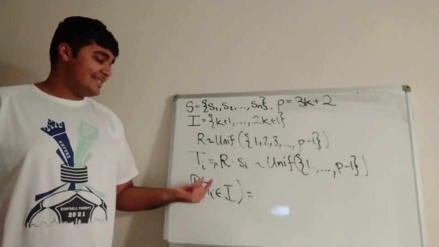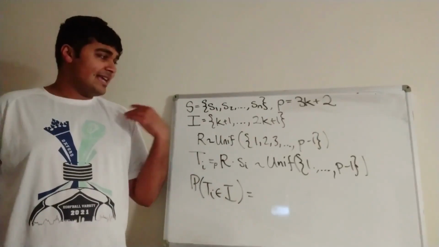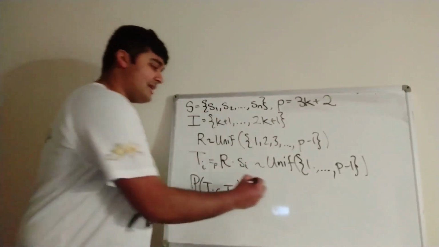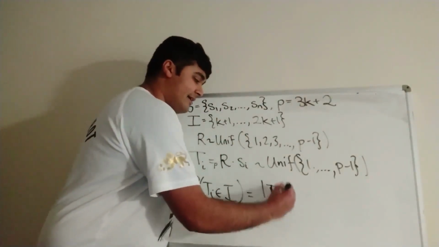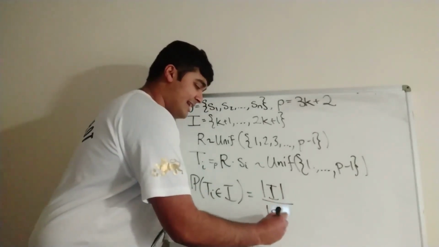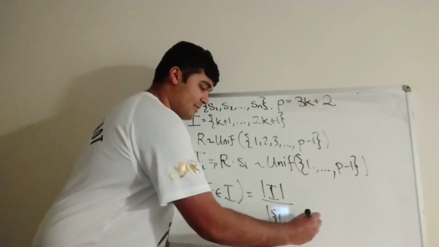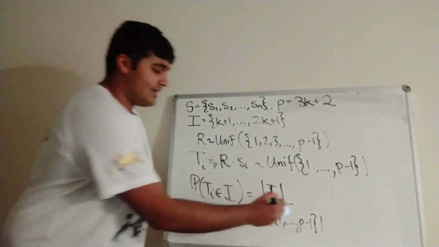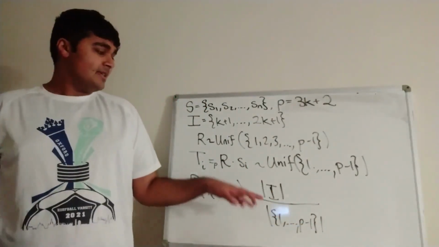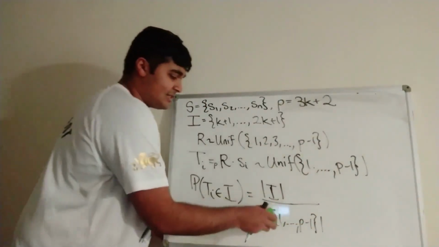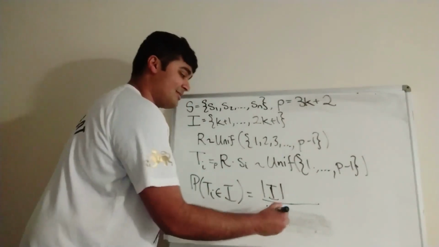So the probability that t_i lies in I, because everything is uniform, is simply the cardinality of I divided by the cardinality of 1 all the way up to p minus 1. Let's write this as p minus 1, because there are p minus 1 elements in the set.